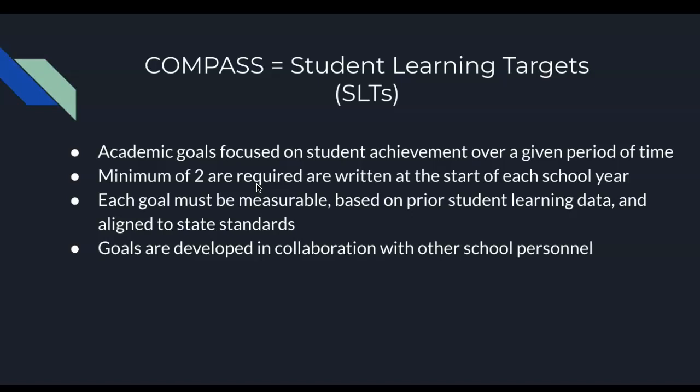But you can say that the students will increase their knowledge of math by 2% throughout the school year, and you can measure that with standardized test scores to make sure that they are growing by at least 2%. So they have to be measurable. They have to be based on some type of student learning data, usually standardized test scores, and they have to be aligned to our standards.